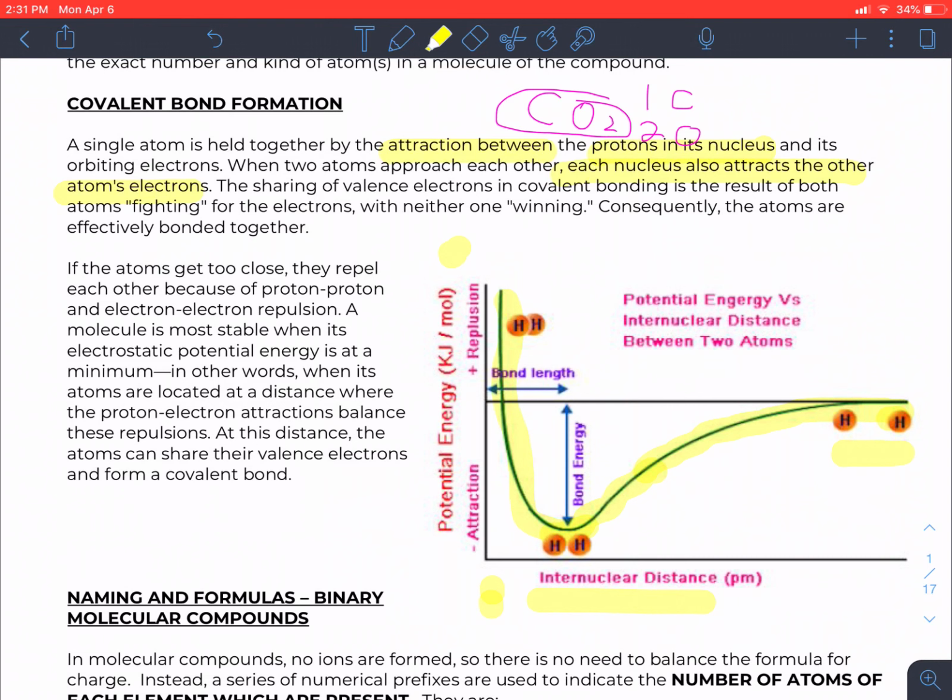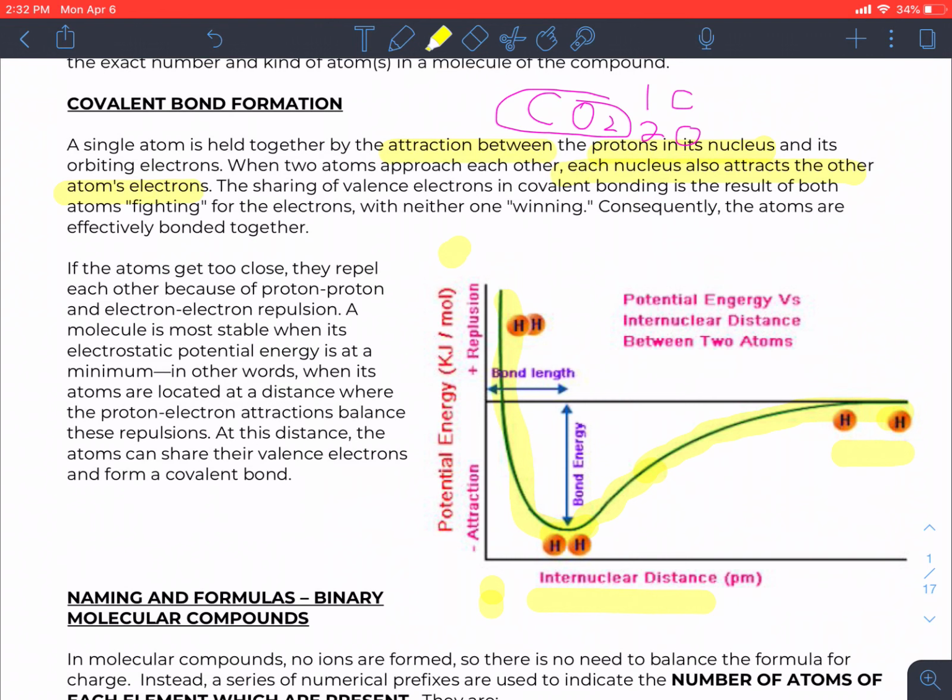Each set of atoms, now this is just a diagram, whether it be 1, 2, or 3 atoms trying to bond together, will eventually get to a point where they reach the lowest energy possible, and that's when the covalent bond forms and they sustain each other.